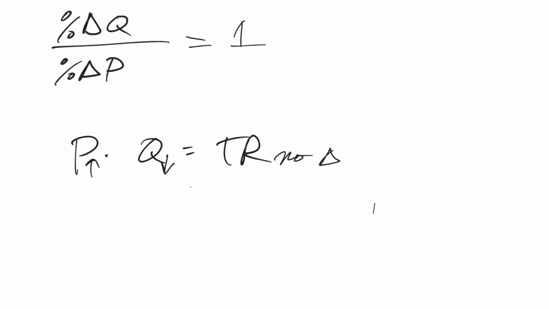Now let's apply this just a little bit. Why would this be important? Let's suppose you are the University of Nebraska and you're wanting to increase revenues for your football games.